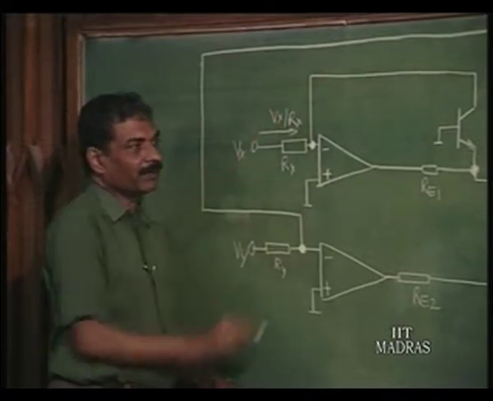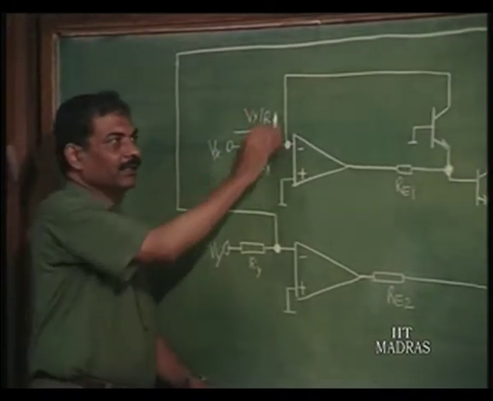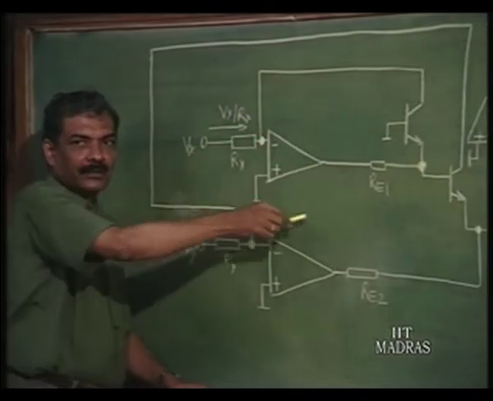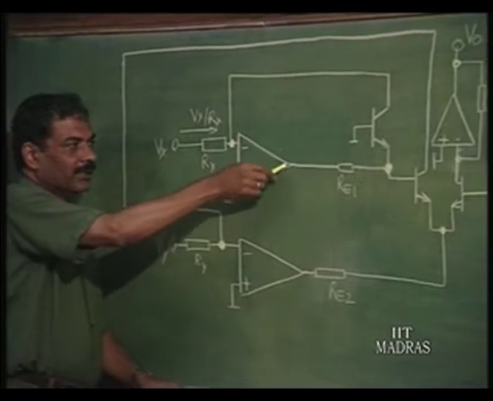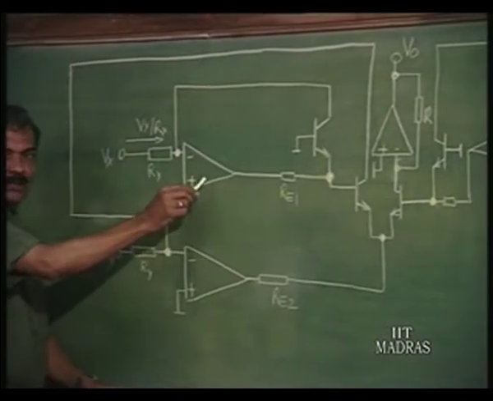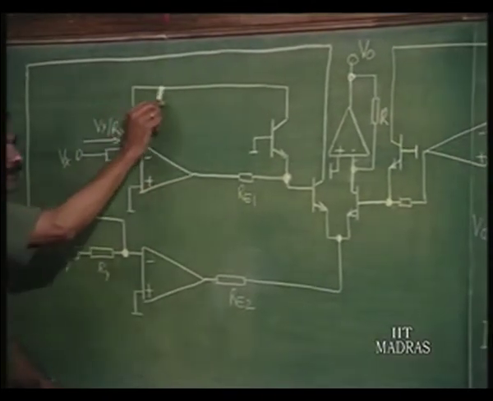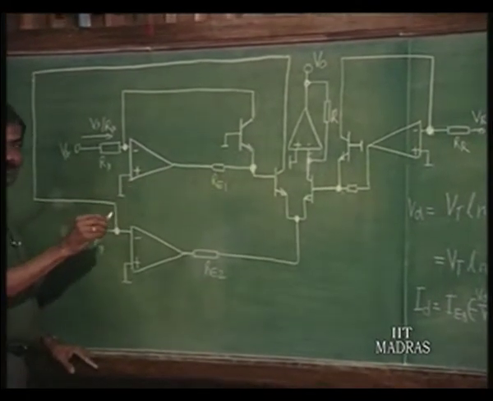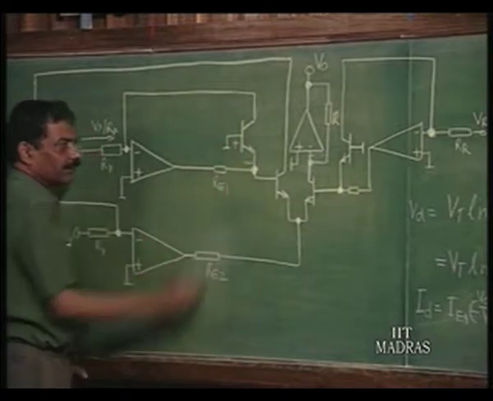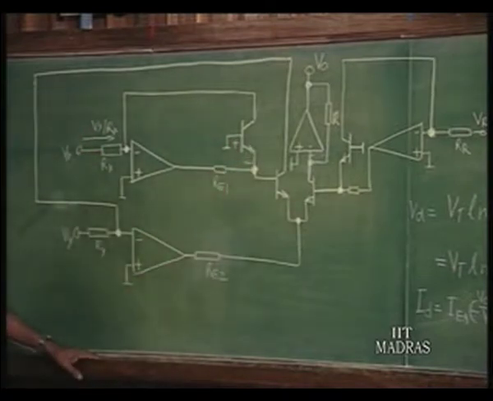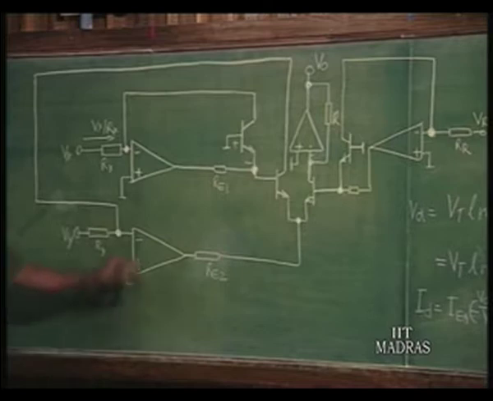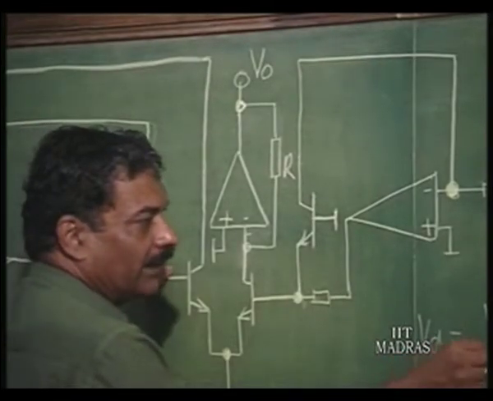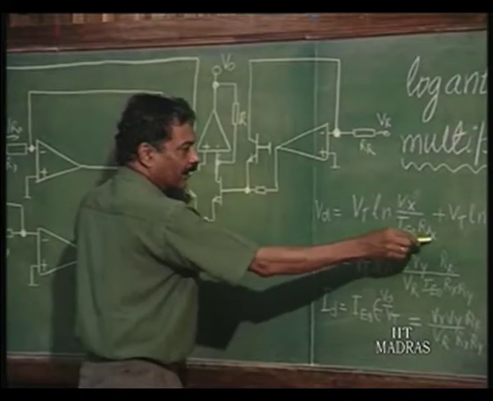This current is now made to flow through the collector of a transistor, which is done by the op amp negative feedback. So, this op amp has a negative feedback arrangement such that this current is forced to flow through this. If that current flows, then the voltage here is going to be VBE corresponding to that current, which is nothing but minus Vt log Vx by IE naught Rx.